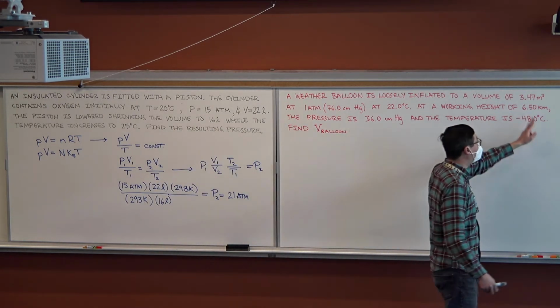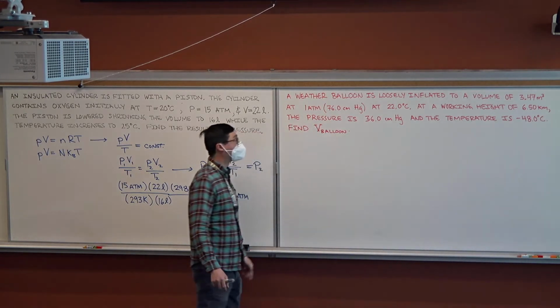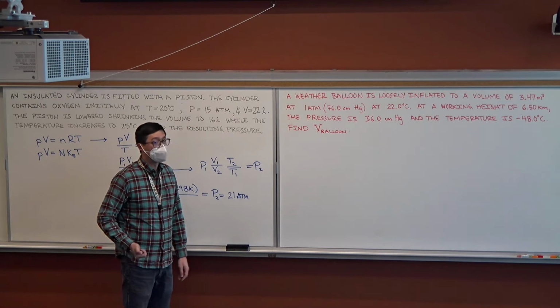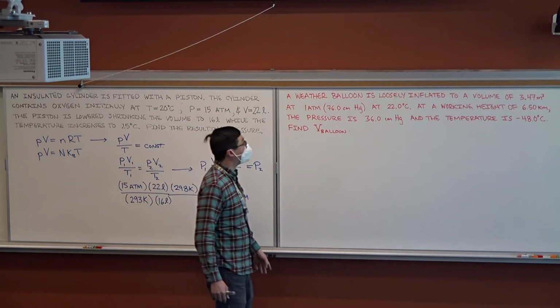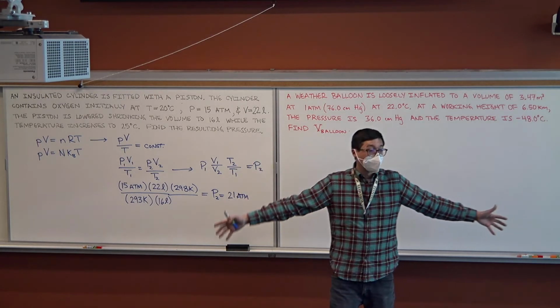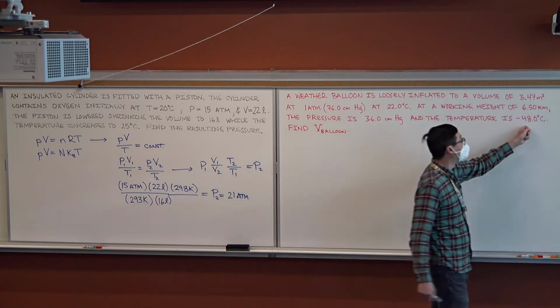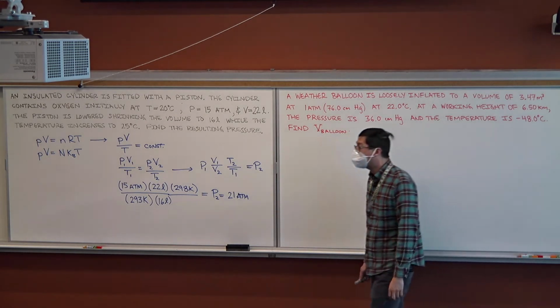When it gets to a height of 6.5 kilometers, the pressure is now 36 centimeters of mercury. Because the balloon is loosely inflated, the volume can actually increase. The temperature is minus 48 Celsius.